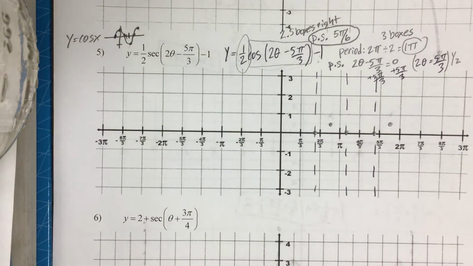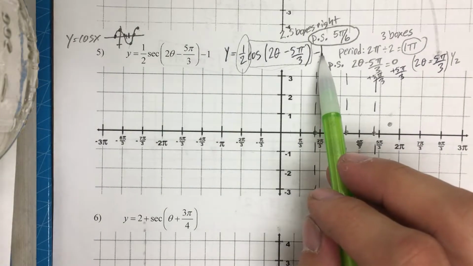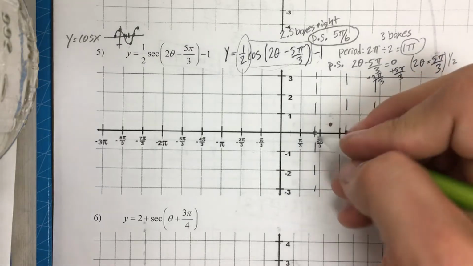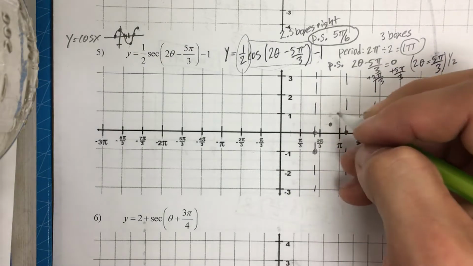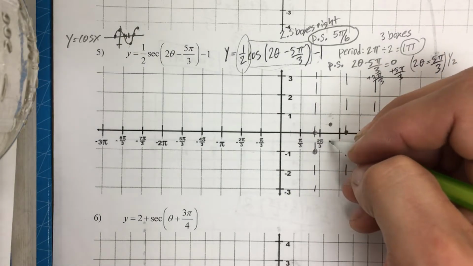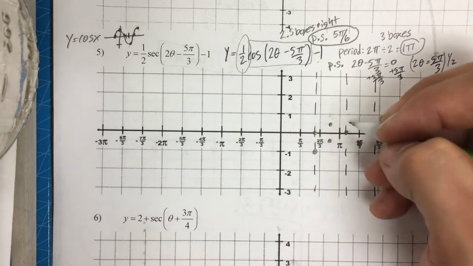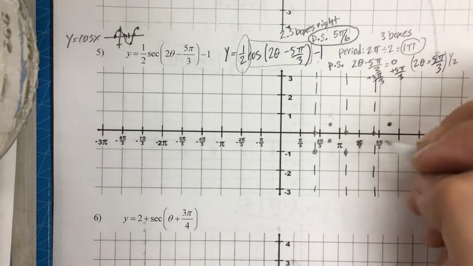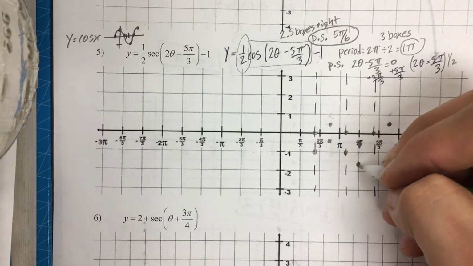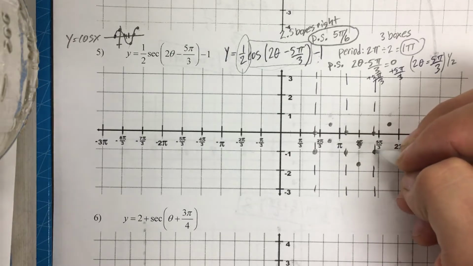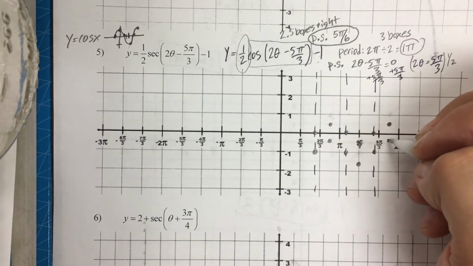Now, I'm going to take all the points and move them down 1. So this gets moved down here, this was at 1/2, so it gets moved down to negative 1/2. This gets moved down here, this goes down here, this goes right here, and I can drop that one down, don't really need it, but I can.